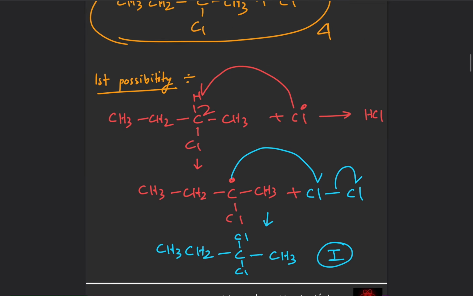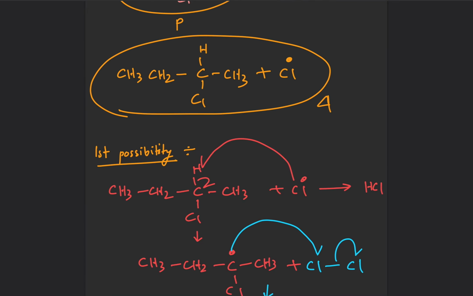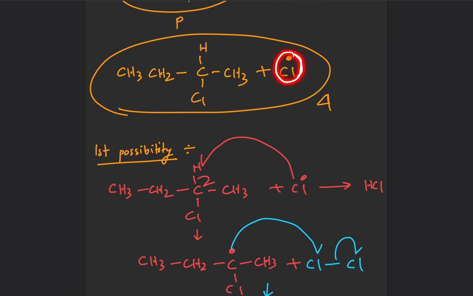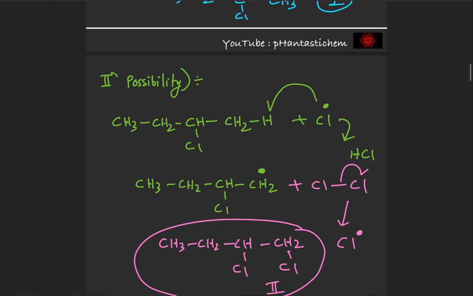Then let's talk about the third possibility. Remember, in the first possibility, we reacted this chlorine free radical with this H of the C2 carbon. In the second possibility, we reacted this with the hydrogen of the C1 carbon. In the third case, I will react this Cl free radical with hydrogen of the C3 carbon.